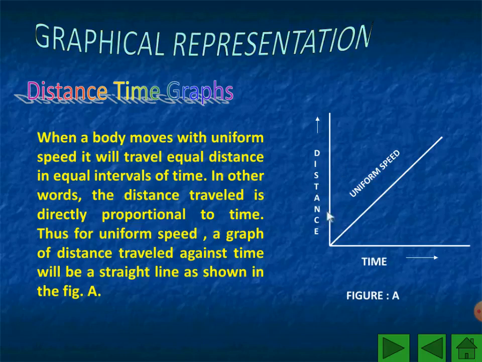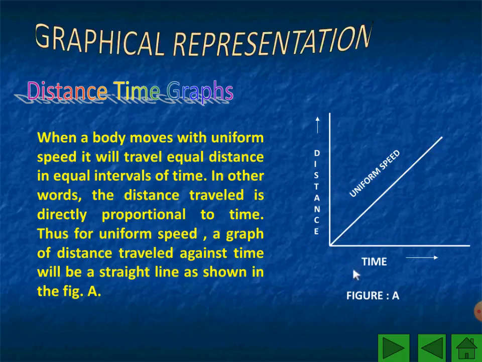We call it directly proportional. For such a directly proportional graph, the graph will be a straight line. When I say graph, these are not the graph, okay? These are the axes, x-axis and y-axis. When I say graph, it is this curve, here in our case a line. So this line is known as the graph. So for the distance time graph for uniform motion, the graph is a straight line passing through the origin, okay?